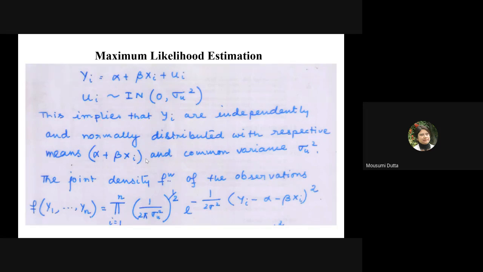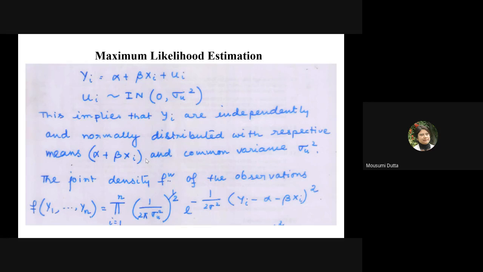Now, if I have a large sample, and to begin with we have knowledge about the distribution of the error term, we will be able to apply the iterative technique, that is the maximum likelihood estimation technique, to estimate the parameters of the regression model and derive the value of sigma squared. So all these things are possible.